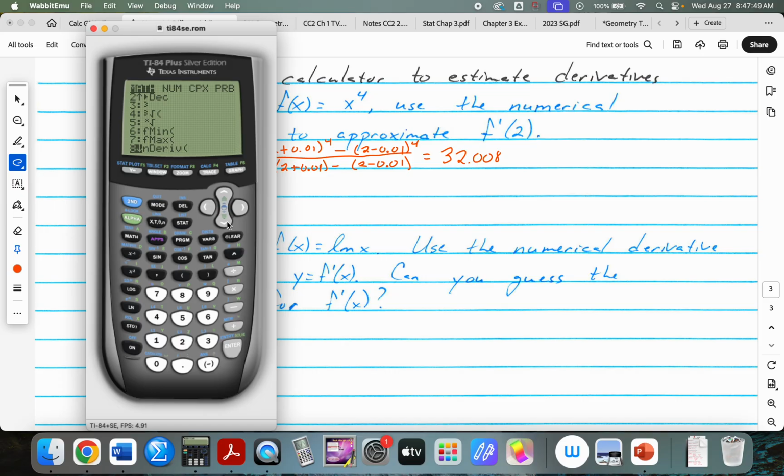So here's what you do. You're taking the derivative with respect to the variable x. Now you could make it whatever variable you want, but then you have to type an expression that has that variable in it. Our function was x to the 4th, and we're interested at what happens at 2. This vertical bar right here means evaluated at.